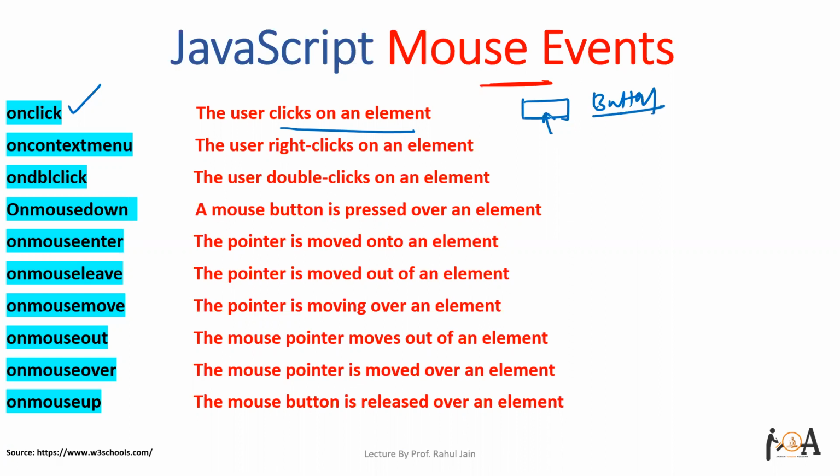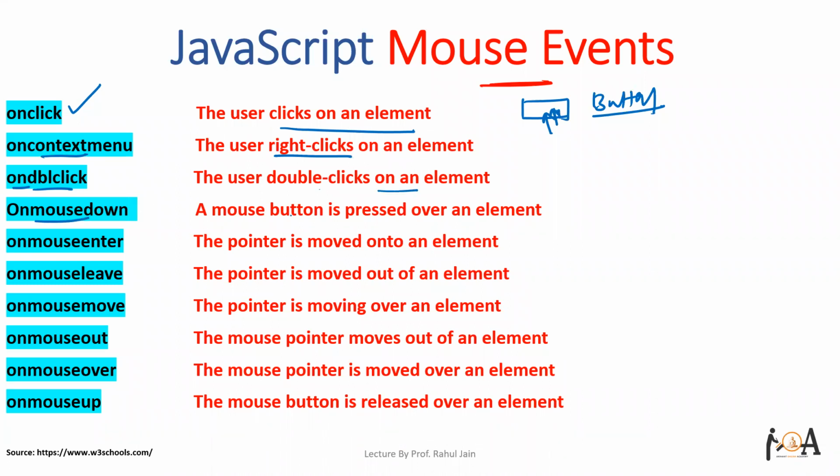So when we click on that particular button, that particular event is going to be executed. If we are using oncontextmenu, then we need to right-click to see the execution. And if we are using the mouse event ondblclick, then on that particular button, we need to click twice to see the output.